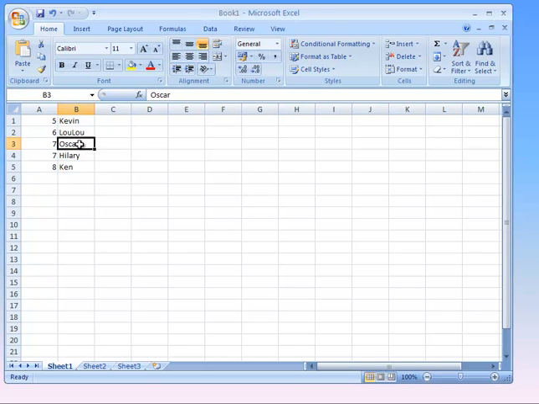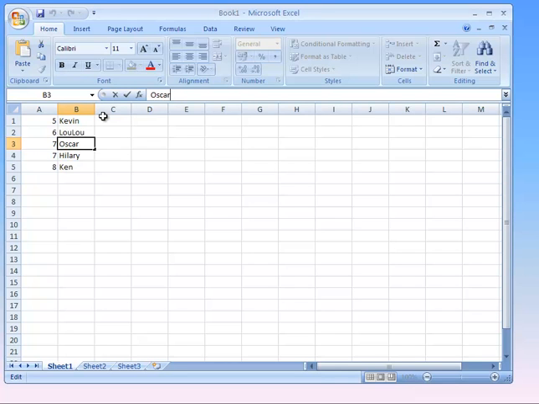If I click on Oscar, again it gives me the cell address, the cell reference, and over here it gives me the data that is saved in that particular cell.